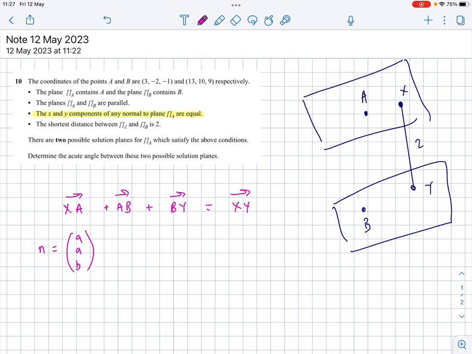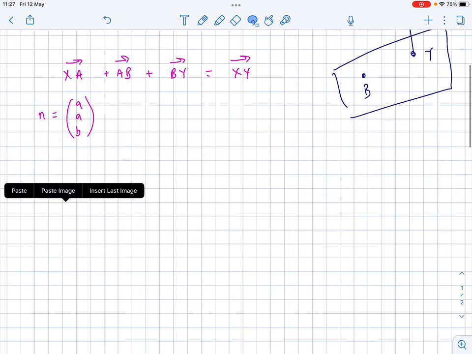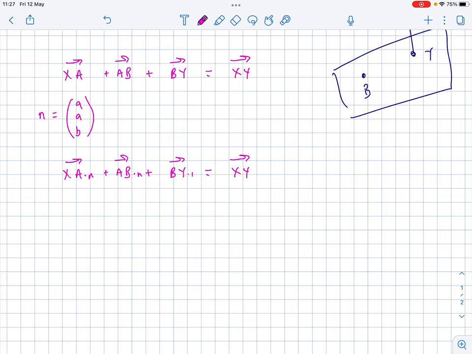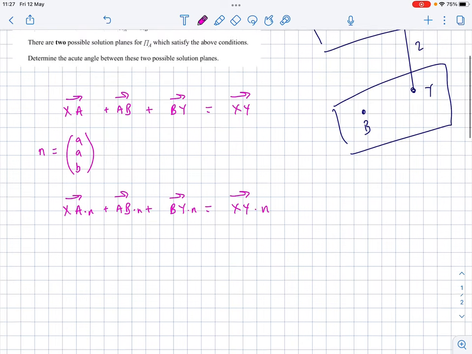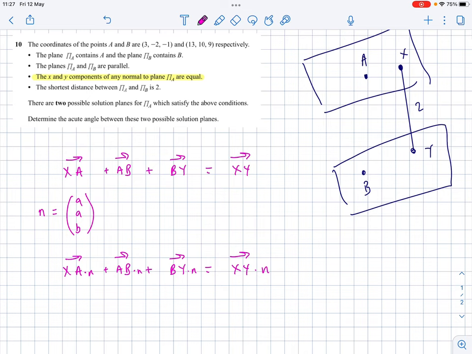If I now go and dot the whole of this line with the normal, we'll get some really nice cancelling. So I can copy that, paste it, and every single thing here I'm going to dot with that normal. So if you dot something and they're perpendicular, they will cancel out.